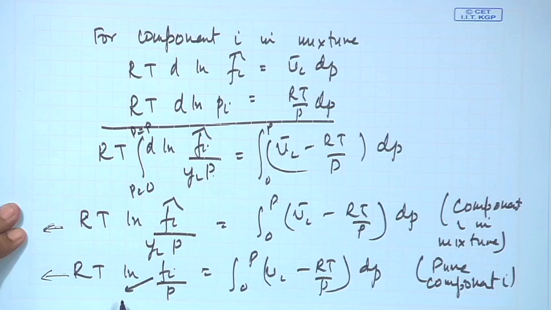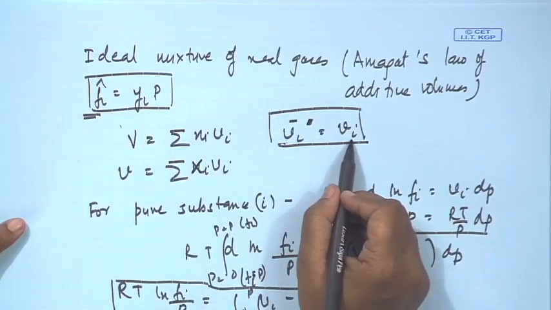Suppose this particular gas mixture obeys Amagat's law of additive volume. What was Amagat's law? I have already written down, it is Vi bar equals Vi.